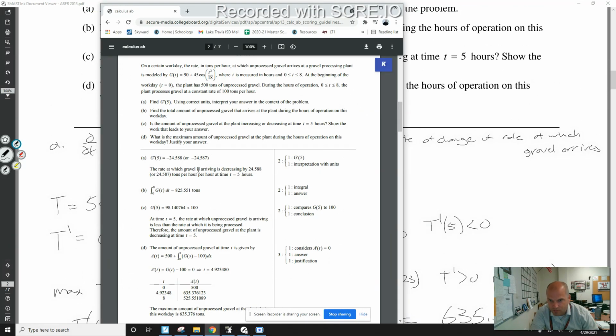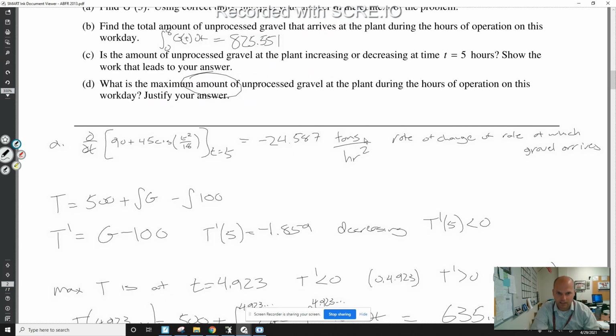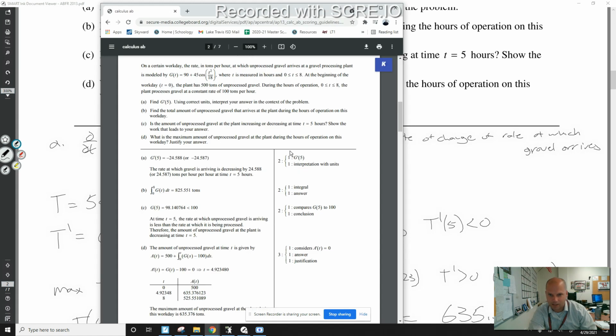The rate at which gravel is arriving is decreasing by that. See, that's what I'm talking about. They got rid of the negative and say we're decreasing by this much, but whatever. It's the rate of change of rate of change, a second derivative, tons per hour per hour, that's tons per hour squared. Boom. We got 1 point for G prime of 5. Everybody gets that point. 1 point for the interpretation. Hopefully you can get that point.